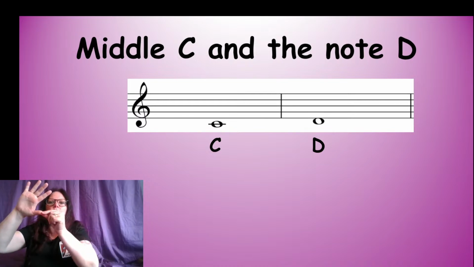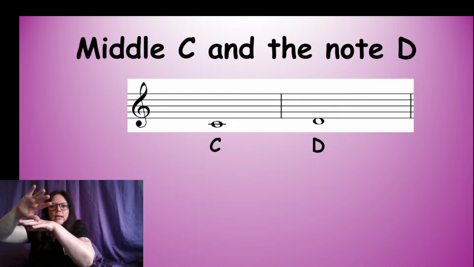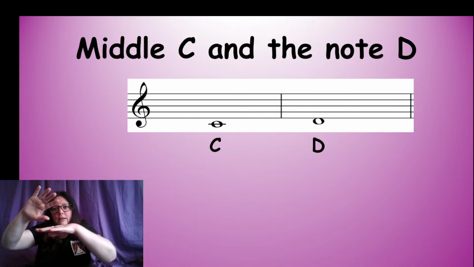So if we started on E and went backwards, the letter before E in the alphabet is D, and that's the one that goes in that space below the five lines. And the letter in the alphabet before D is C, and that's the one that has its own special line.